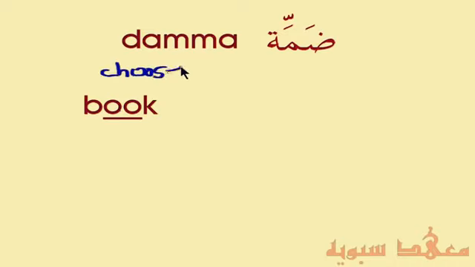So although in English words can sound different even though they're written the same way, in Arabic we don't have this. The way it's written is the way it's pronounced.